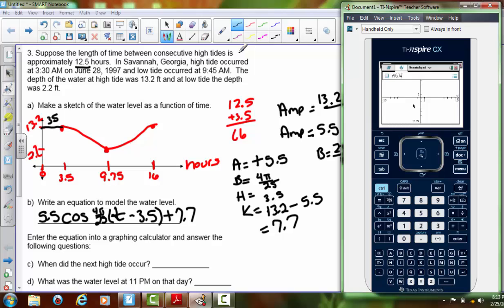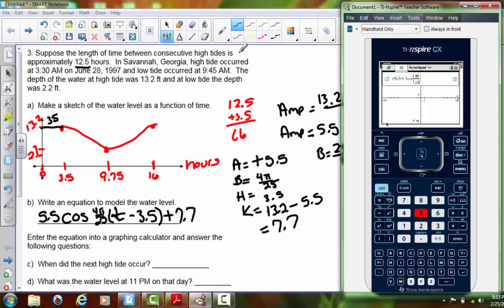Now I'm going to enter 5.5 cosine of 4 pi over 25. I told you guys this in class: the 4 pi over 25 has to go inside the parentheses. So control divide to get the fraction up. We're going to have 4 pi over 25.